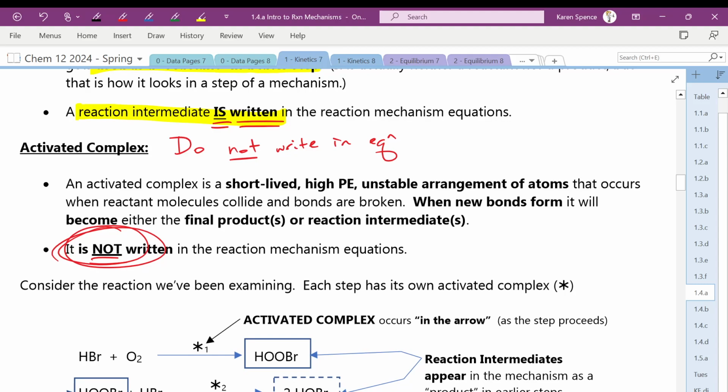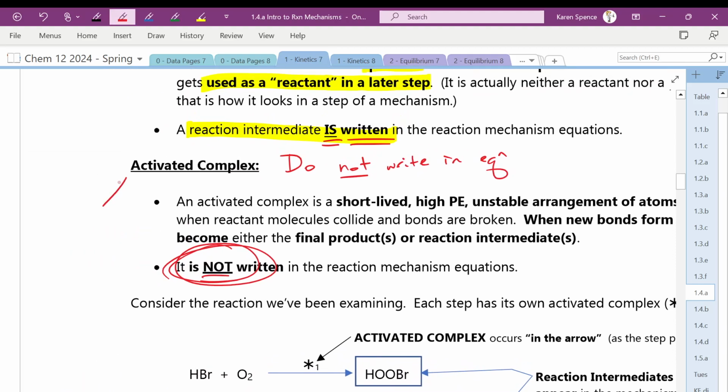It occurs during the reaction, right? Activated complexes exist during the reaction process, when reactants are turning into either reaction intermediates or products.